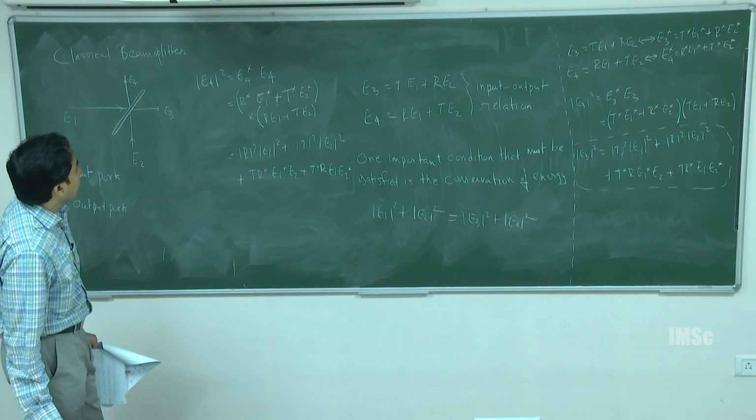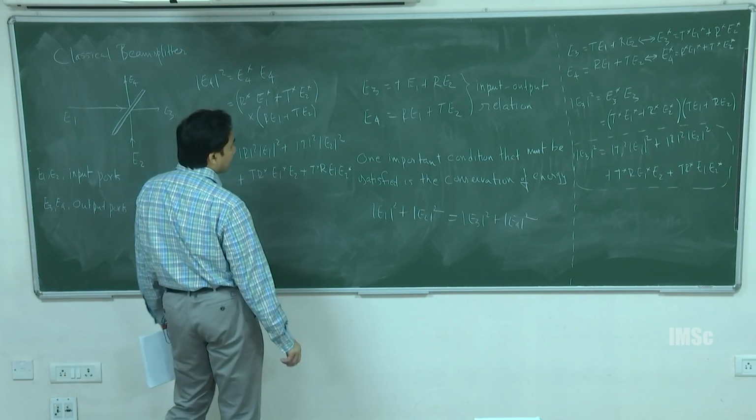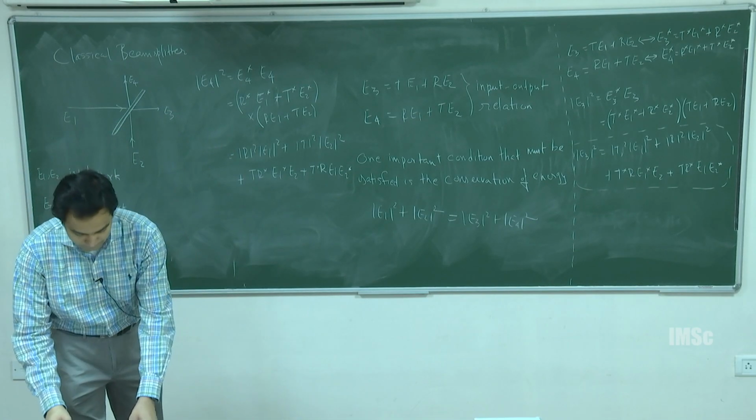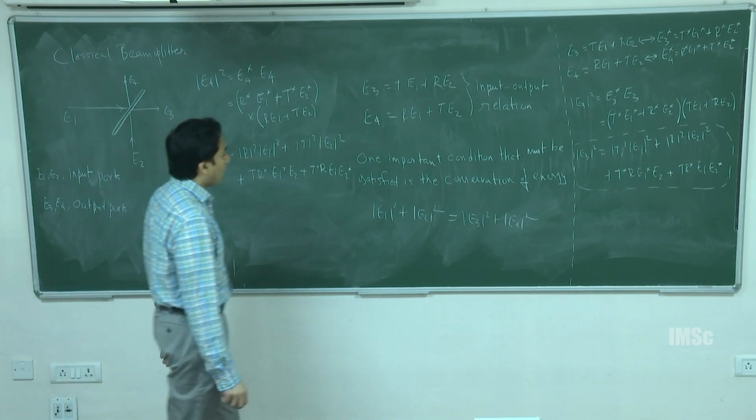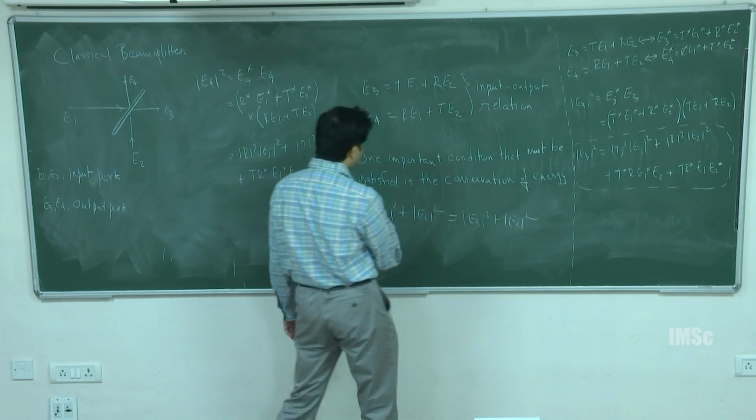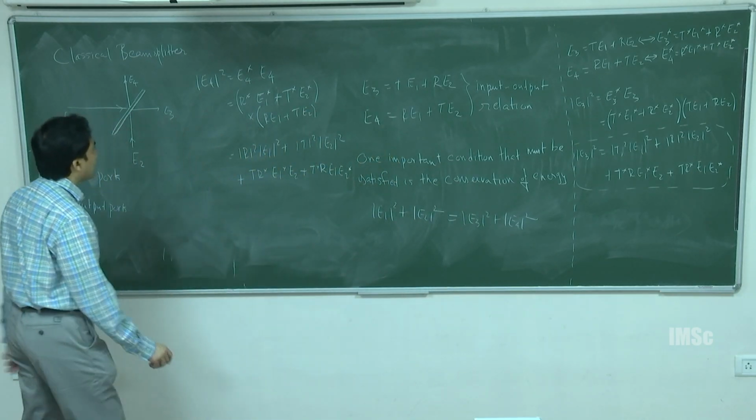So that's what we have here. What does the principle of conservation of energy tell us? Mod E3 square plus mod E4 square should equal mod E1 square plus mod E2 square.